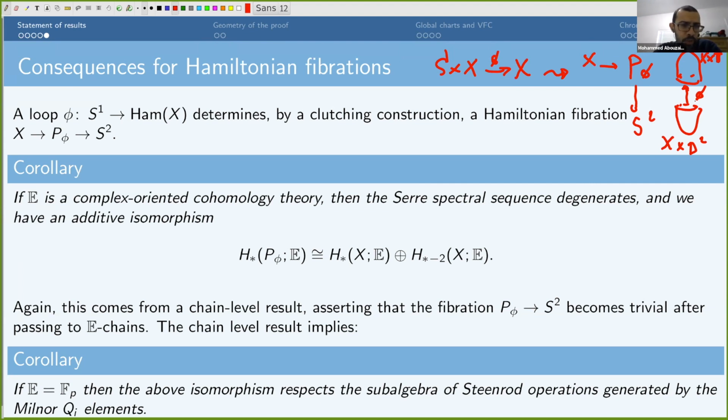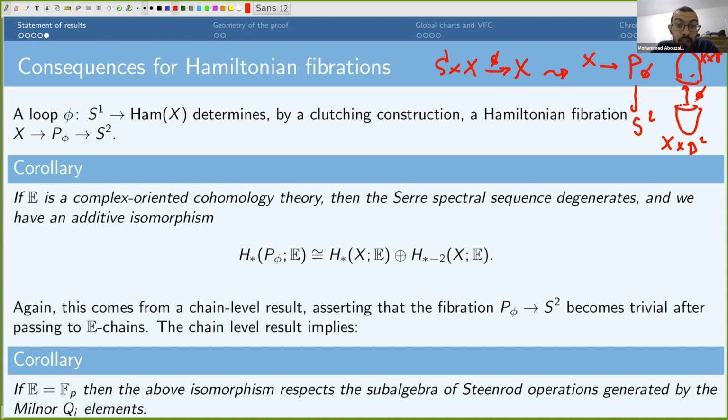This gives rise to a Hamiltonian fibration, and vice versa. Every Hamiltonian fibration can be broken up like this, and that's just the statement that they are locally trivial. You look at a Hamiltonian fibration over S2, you cut along the equator, you get two trivial pieces. Then all you need to glue back the fibration is this family of Hamiltonian diffeomorphisms.